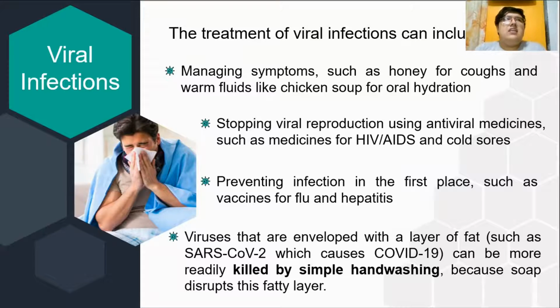And finally, if a virus has an envelope of a layer of fat, like SARS-CoV-2, we can kill it more easily by hand washing, because the soap disrupts the layer of fat and breaks the virus.